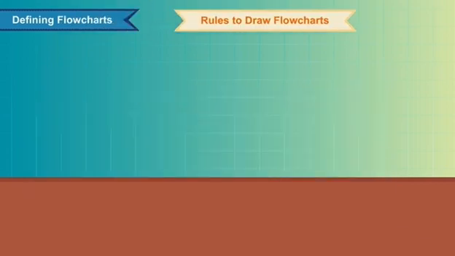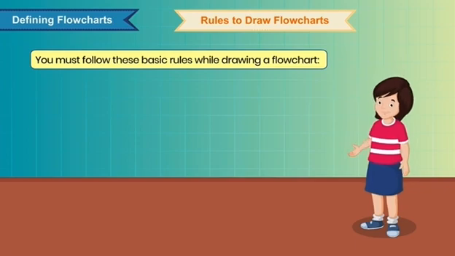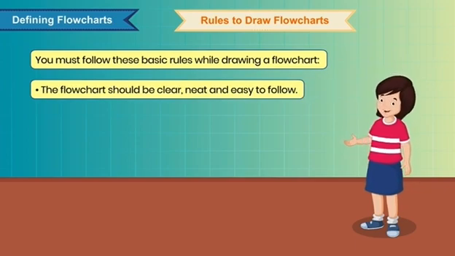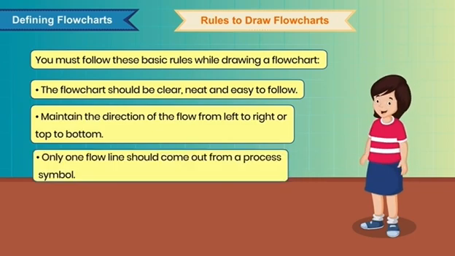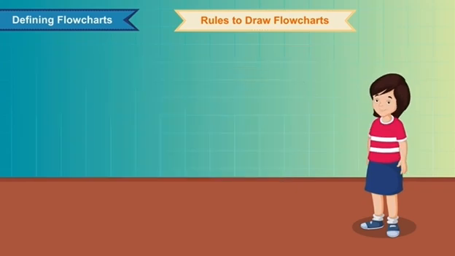Rules to draw flowcharts. You must follow these basic rules while drawing a flowchart. The flowchart should be clear, neat, and easy to follow. Maintain the direction of the flow from left to right or top to bottom. Only one flow line should come out from a process symbol.